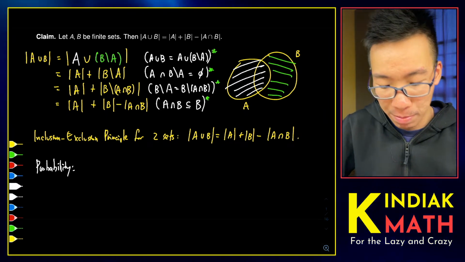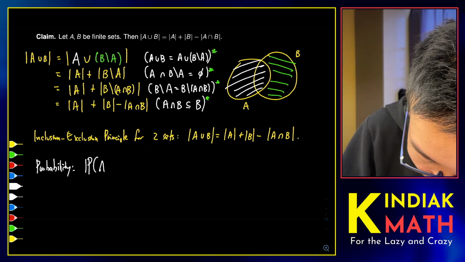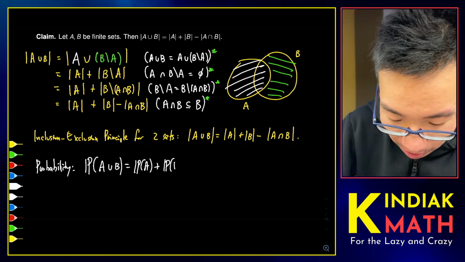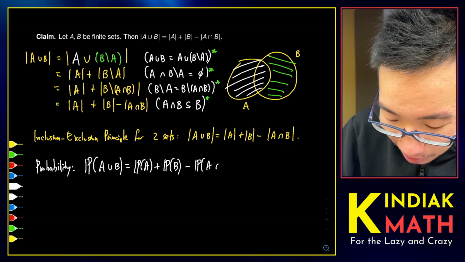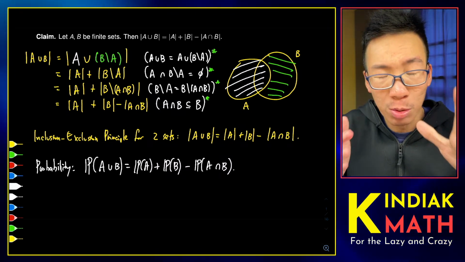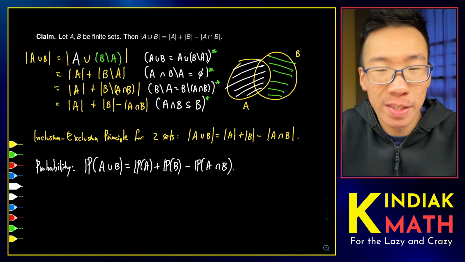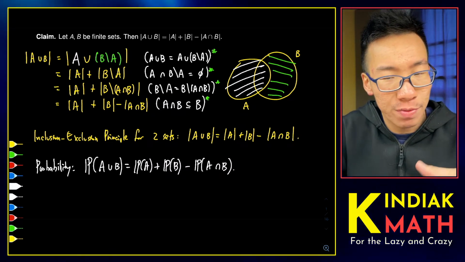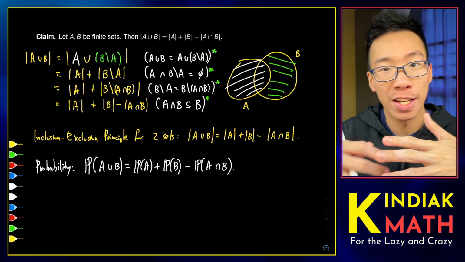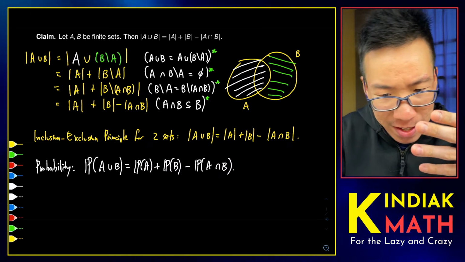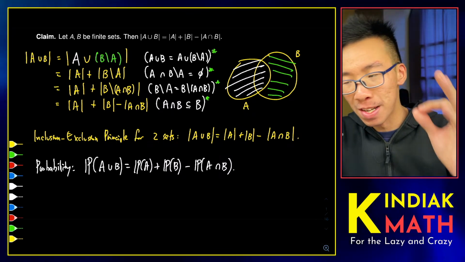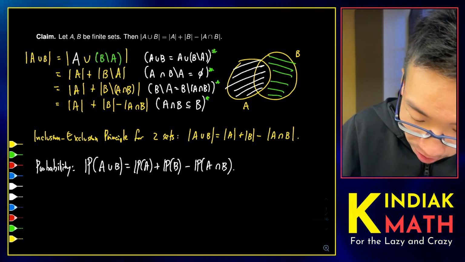You're using the properties from probability theory that the probability of A union B is the probability of A plus the probability of B minus the probability of A intersect B. And so that's the inclusion-exclusion principle in the context of probability. And there are uses for it, but there is a really useful result that's coming up later on that will be useful in any area of data science, computer science, math that you're working with. Anything that requires probability, there's a really useful result which we can explore in just a moment.